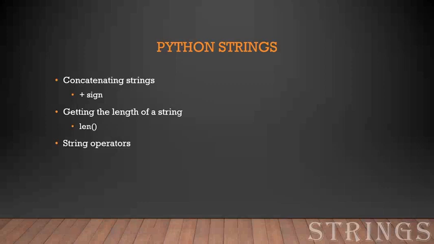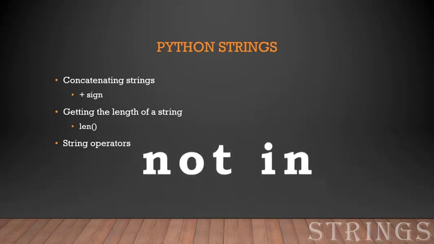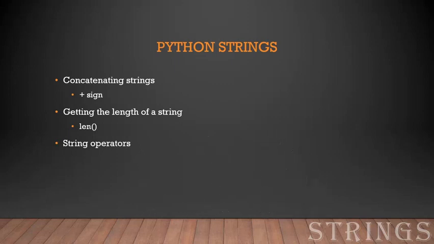We'll be seeing all the operators. For example, another keyword known as in, which checks whether something is in there or not there, and also not in. We can also repeat strings a certain number of times. If you want to print something multiple times, instead of having multiple print statements, you can use multiplication. We'll see an example.